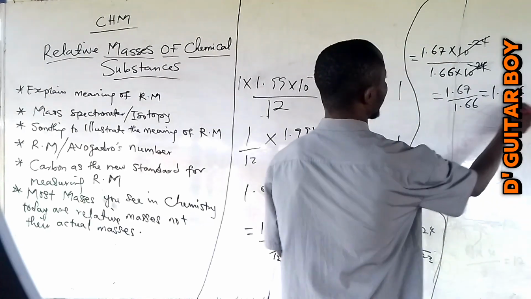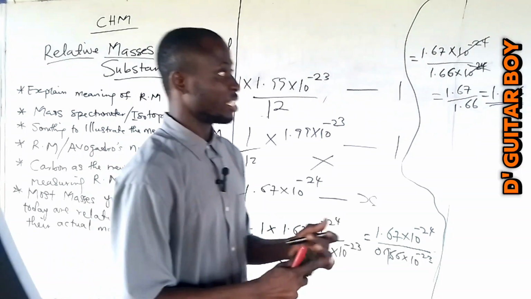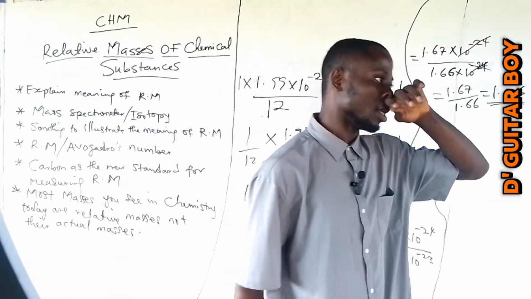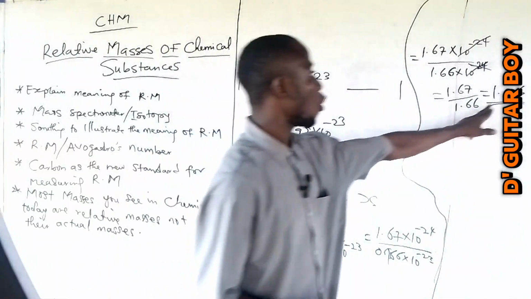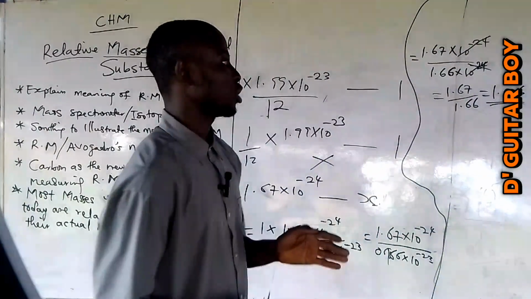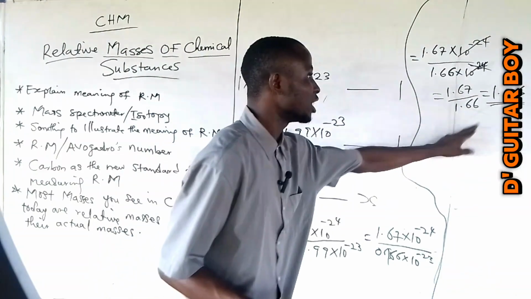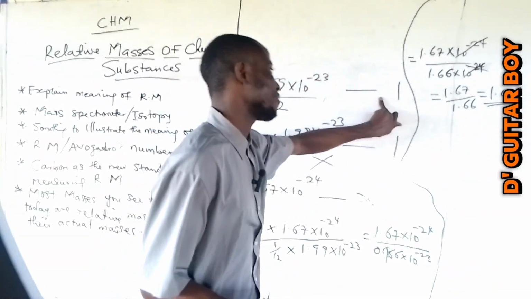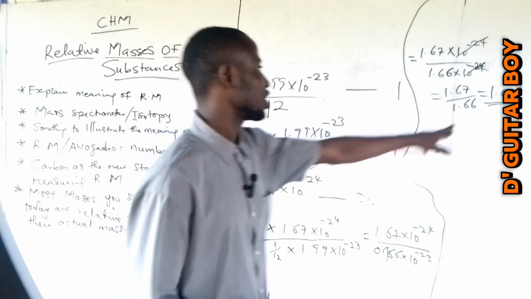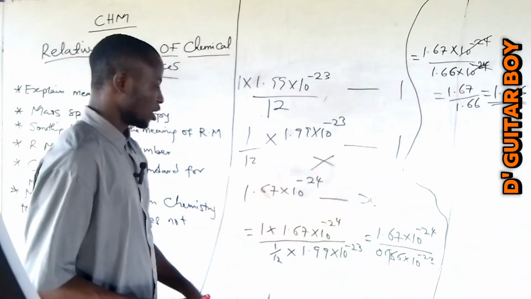So this is now the new mass of hydrogen. It might be different from what you have in your textbook, maybe it's calculator error. It's above 1, which is what we want to see. So this is the new mass of hydrogen that was formerly taken as the reference point. Now carbon is taken as the reference point, and hydrogen is now 1.006. This is relative mass.